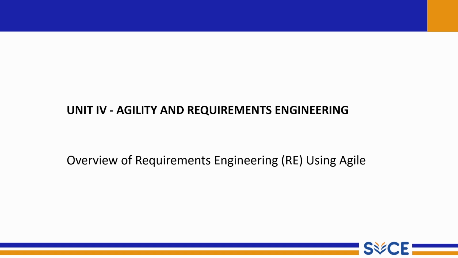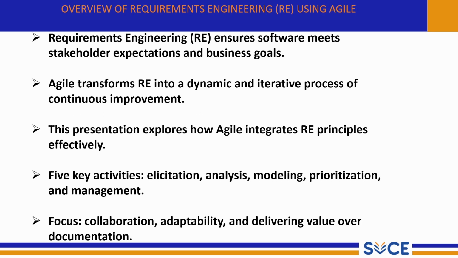Throughout this presentation, we will understand how Agile integrates requirement engineering principles through five major activities, that is elicitation, analysis, modeling, prioritization, and management. Let's begin with the overview of requirement engineering using Agile.